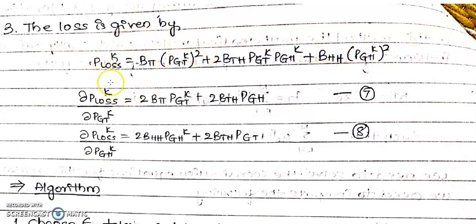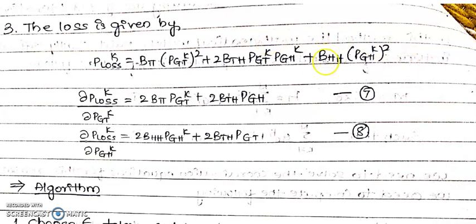If you go for the partial differentiation of the loss component with respect to only the PGT parameter, that is the power generation of the thermal power plant, it is given by 2 BTT of PGT raised to K plus 2 BTH of PGH.